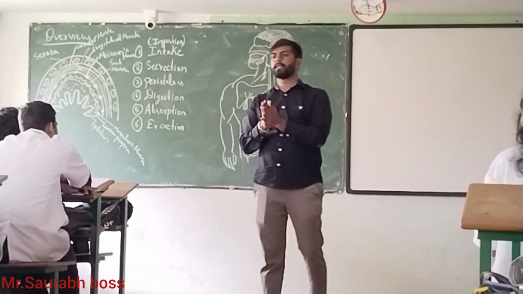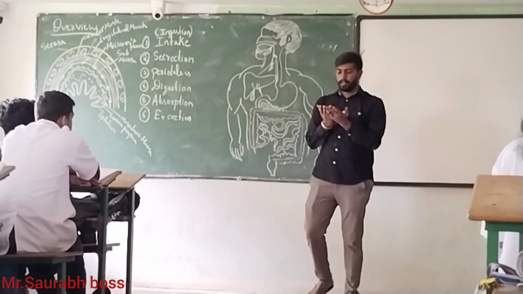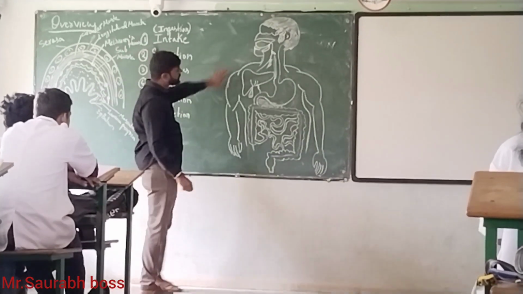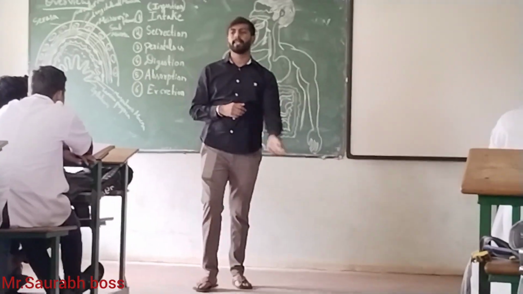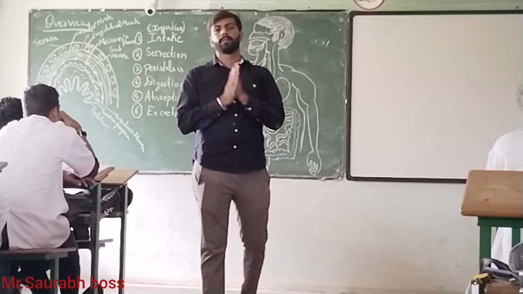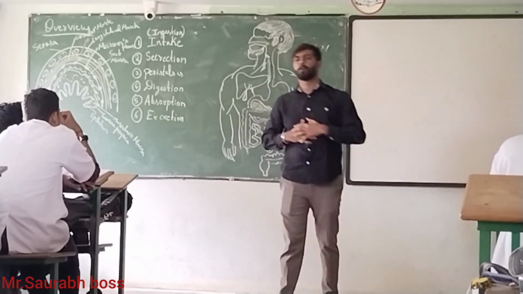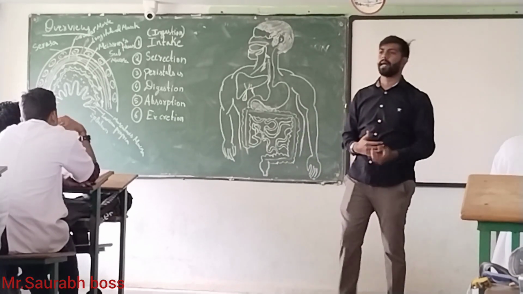So today we start a new chapter, the digestive system. As you know, there are so many organs. The main digestive organs are the mouth, the esophagus, the stomach, the small intestine, and the large intestine.